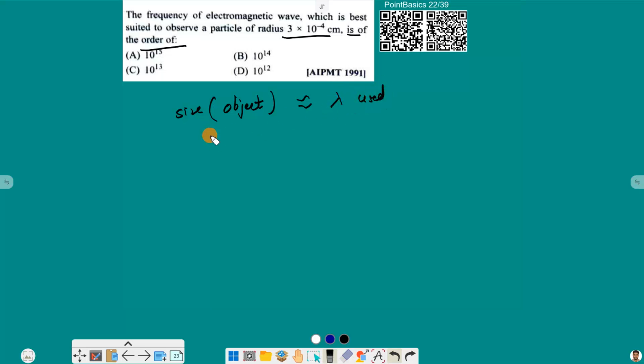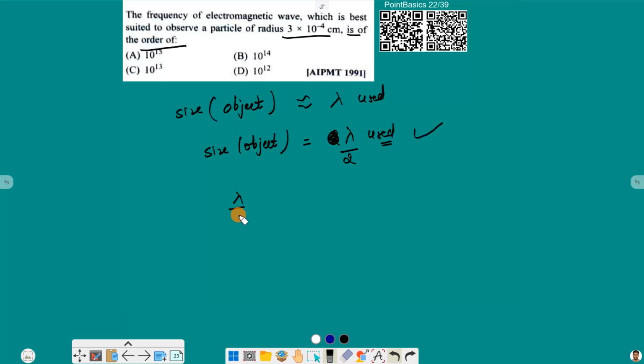And for the edge case, we can say that the size of the object should be at least twice of the lambda, or oh sorry, not twice, half of the lambda used.